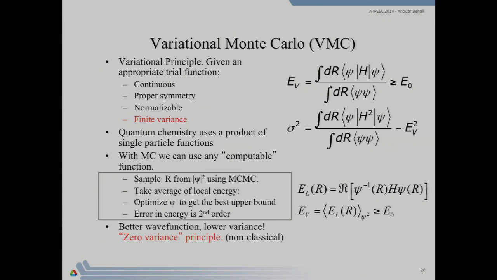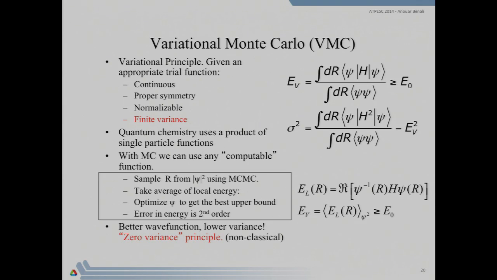It has to be continuous, which is for a physical system quite normal. It has to have the proper symmetry, be normalizable, and have finite variance. So in quantum chemistry, we usually use a product of single particle functions, and we're going to see a little bit later how this goes.